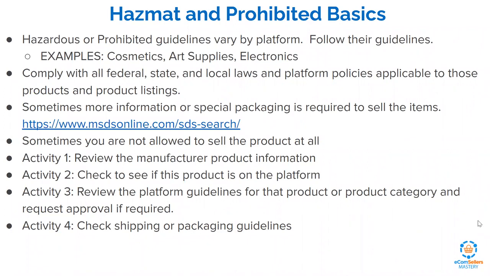The platform that I feel like has done the most work around hazmat is Amazon, meaning from a seller standpoint, documentation on what you need to know. The other platforms have some stuff. I think eBay might be second. They have some information, but they don't get into the weeds as much as Amazon does.